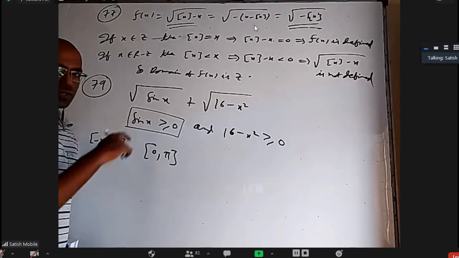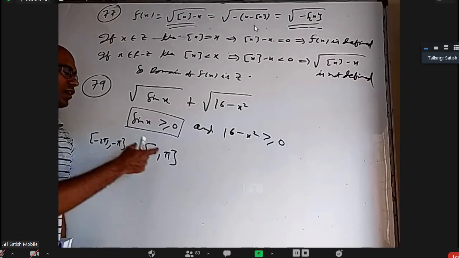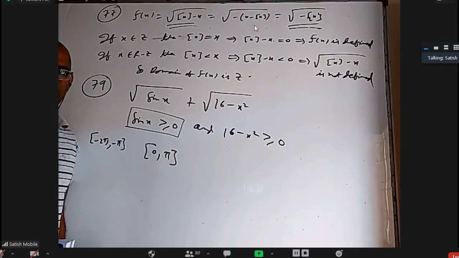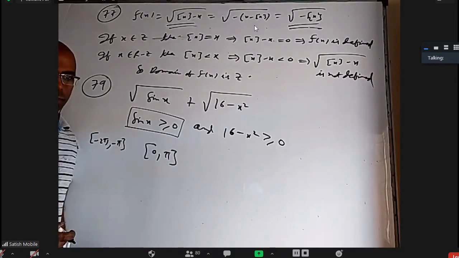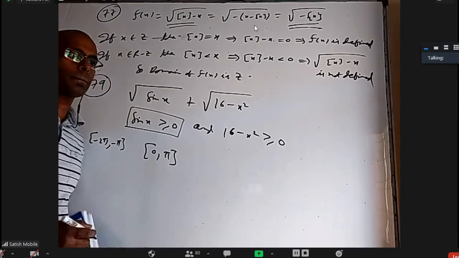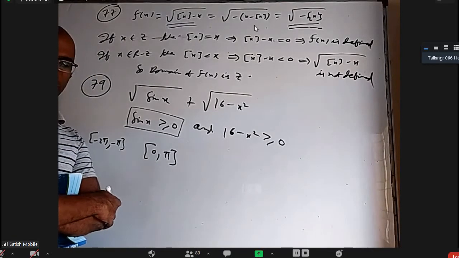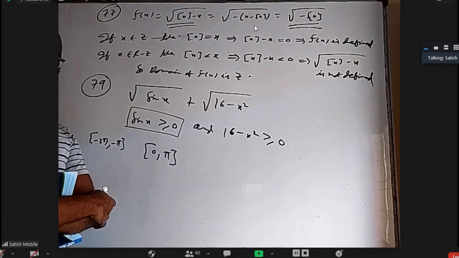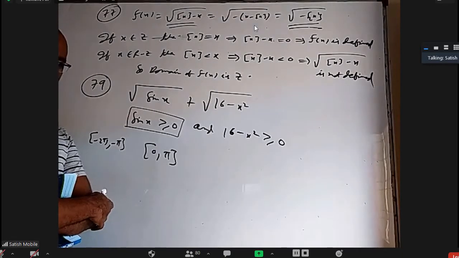Basically, sin x is positive in first and second quadrants. This is one way to tell first and second quadrant. This is another way. There are some other ways of telling first and second quadrants. Sir, minus pi to plus pi? No, in that minus pi to 0 is not okay. It will be negative sign.